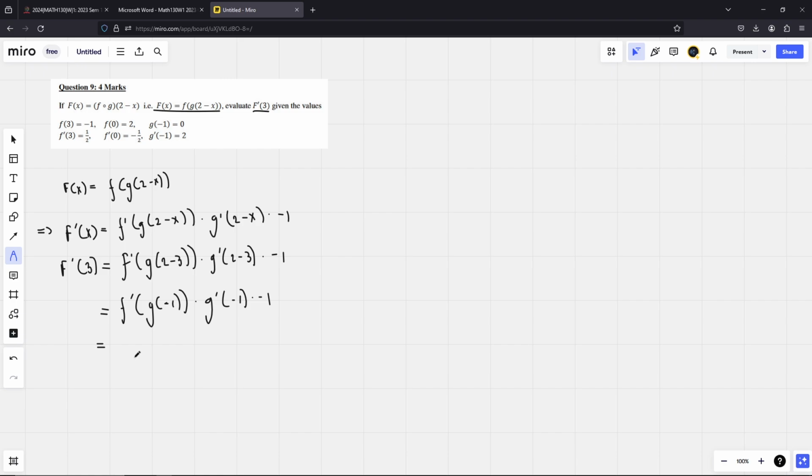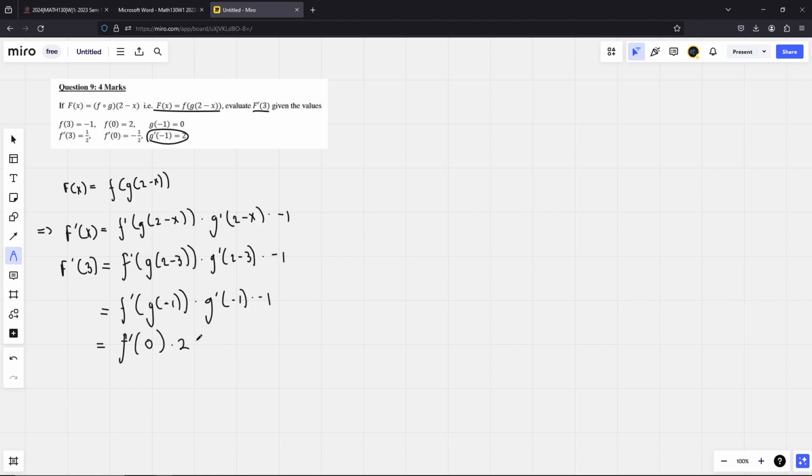So now let's think about g of minus 1, because that's what we have inside of our bracket. We're going to copy down f prime once again, and evaluate whatever's inside of f prime, in this case g of minus 1. If we go to our information, we have g of minus 1 is 0. So that's f prime of 0, multiplied by g prime of minus 1. Again, from our information, g prime of minus 1 is 2.